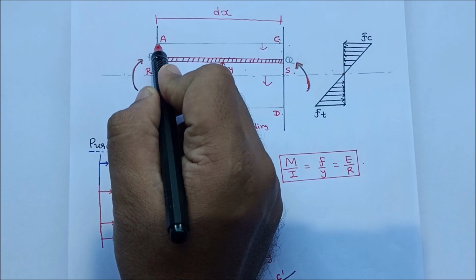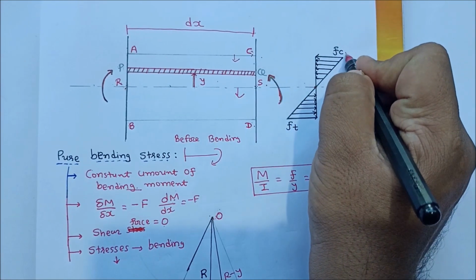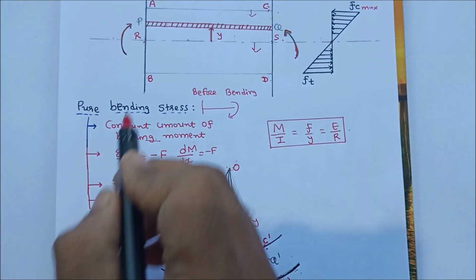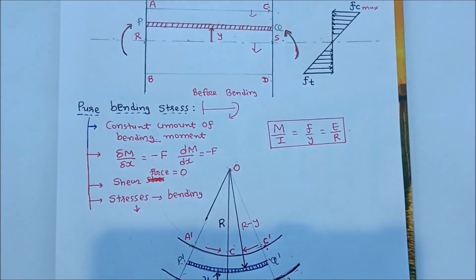So at layer AC, bending stress is maximum. Similarly, at BD, bending stress is maximum.